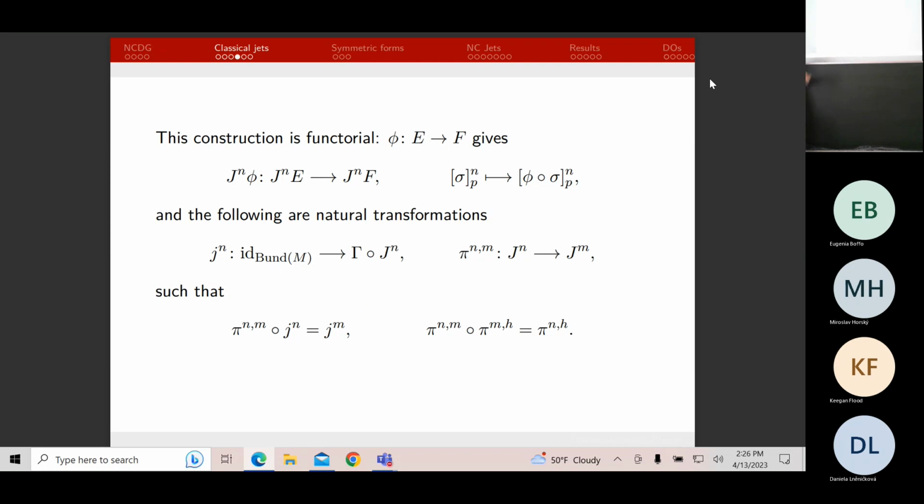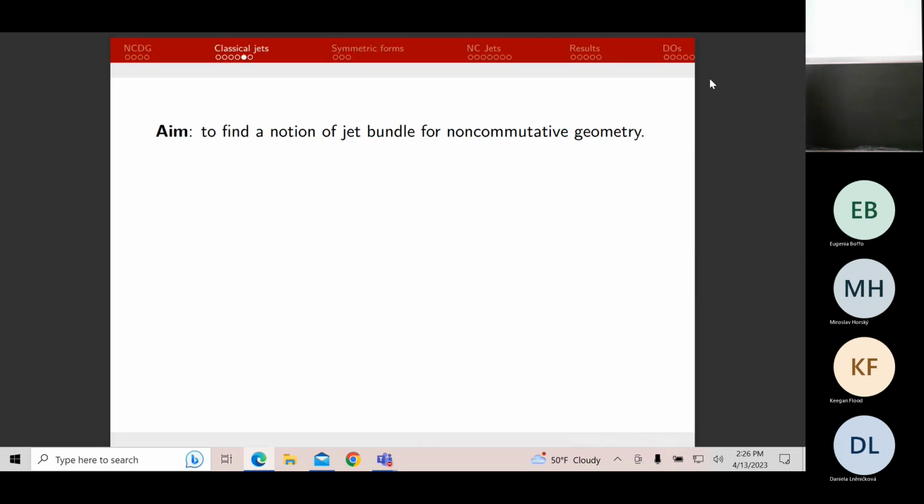The first one is that if we take any section and consider its nth order approximation, and then we forget the higher orders up to m, this still corresponds to the mth order approximation of the section. The second one says that whenever we forget information from one degree to another, we can do it in one step or in more steps, and the result is the same. Okay, so these are the properties.